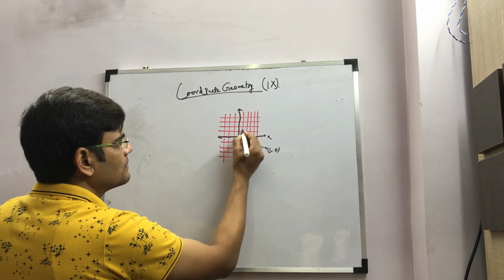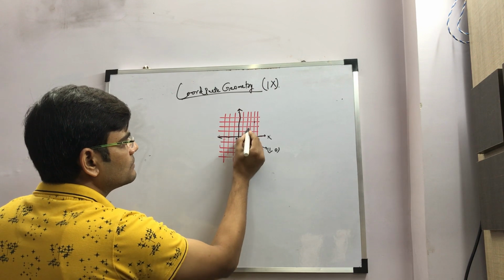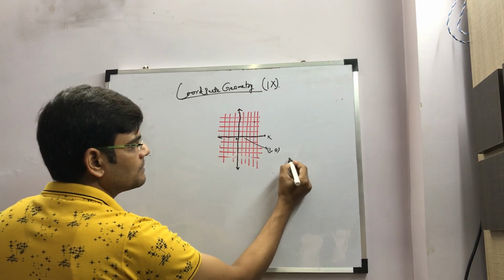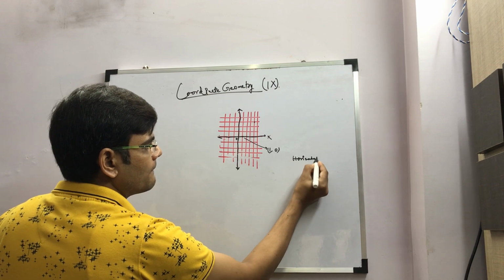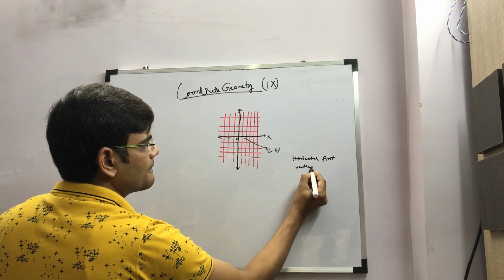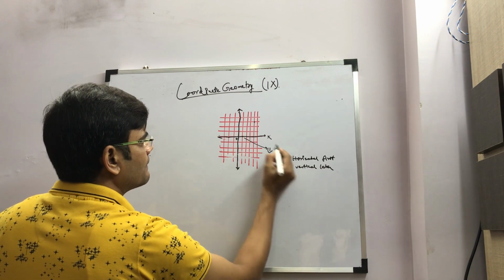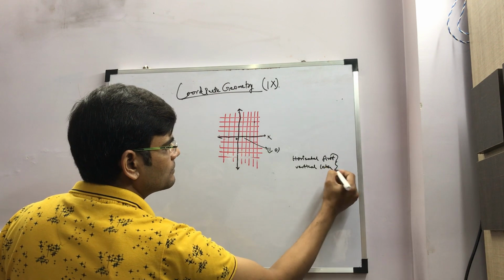And if I say what's the coordinate of this one? So you see, to reach this point, always move horizontal first, vertical later. So for this point, move horizontal starting from origin. Always start from origin.